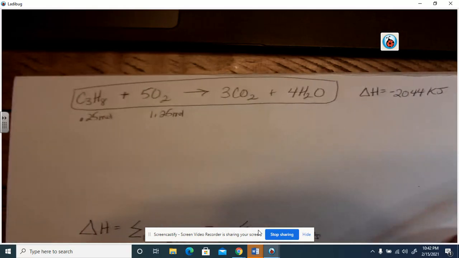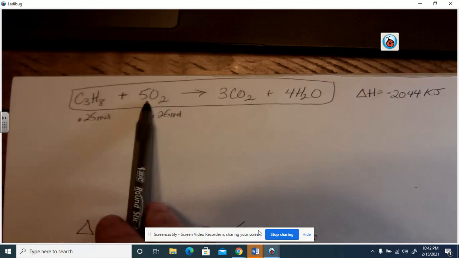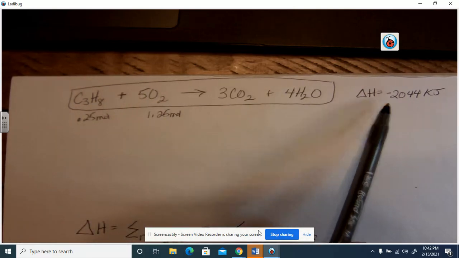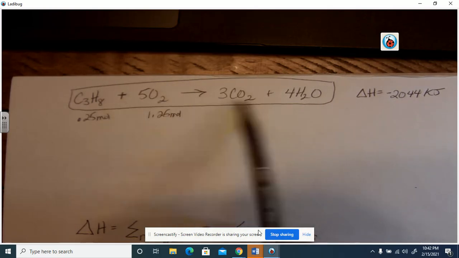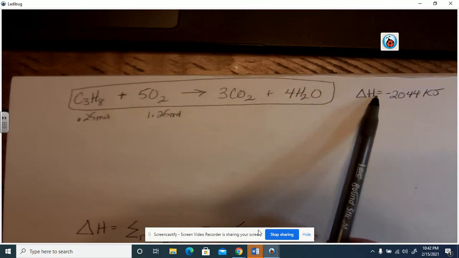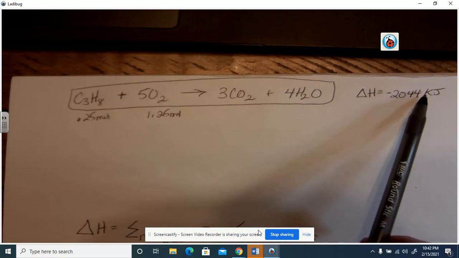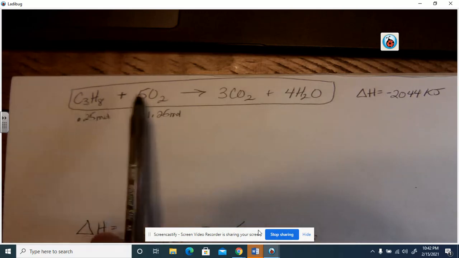And, of course, since this is a combustion reaction, fuel mixed with oxygen, it's going to produce a lot of energy, right? Negative 2044 kilojoules for this reaction. That's the change in the heat of the reaction. Negative 2044 kilojoules. So that is associated with 1 mole to 5 moles.